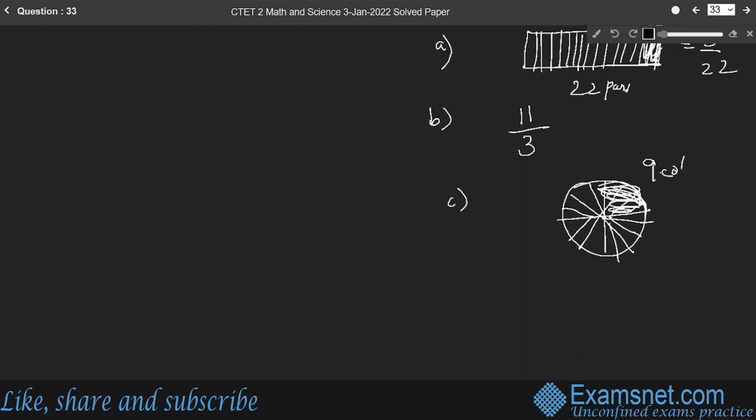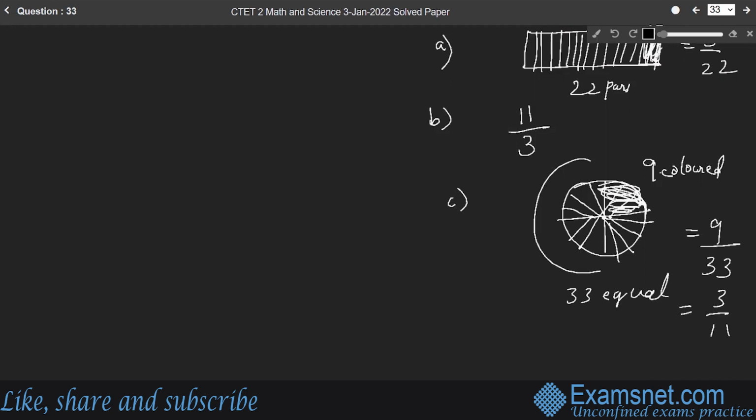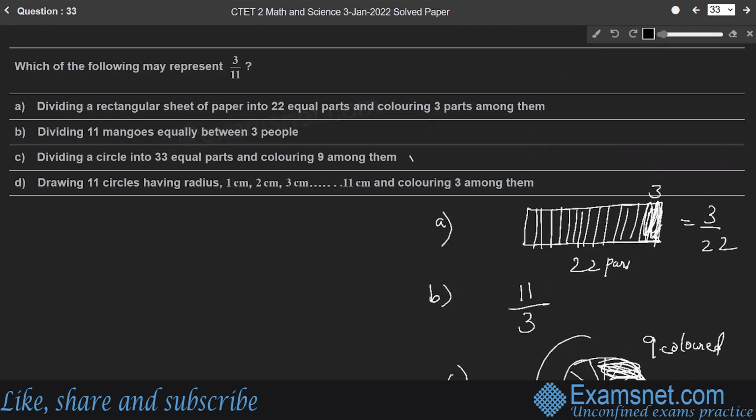This is represented as 9 by 33. After simplification, we will get 3 by 11. Hence, option C is the correct answer.